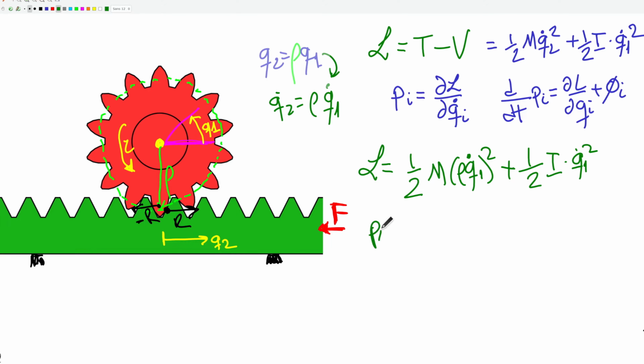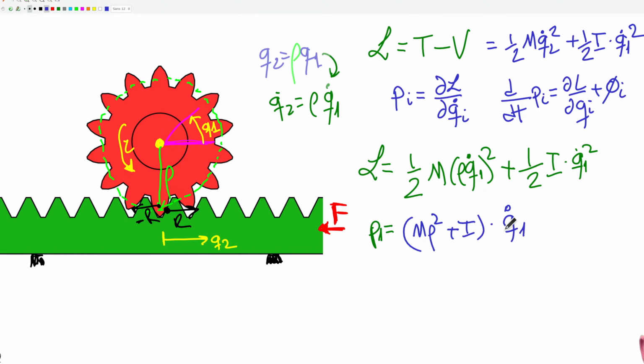I will have P1 equal to the partial of this with respect to the velocity, which, carrying out operations, the 2 in the square when taking derivatives will cancel the 1/2, and I will have m rho squared plus I times Q1 dot.